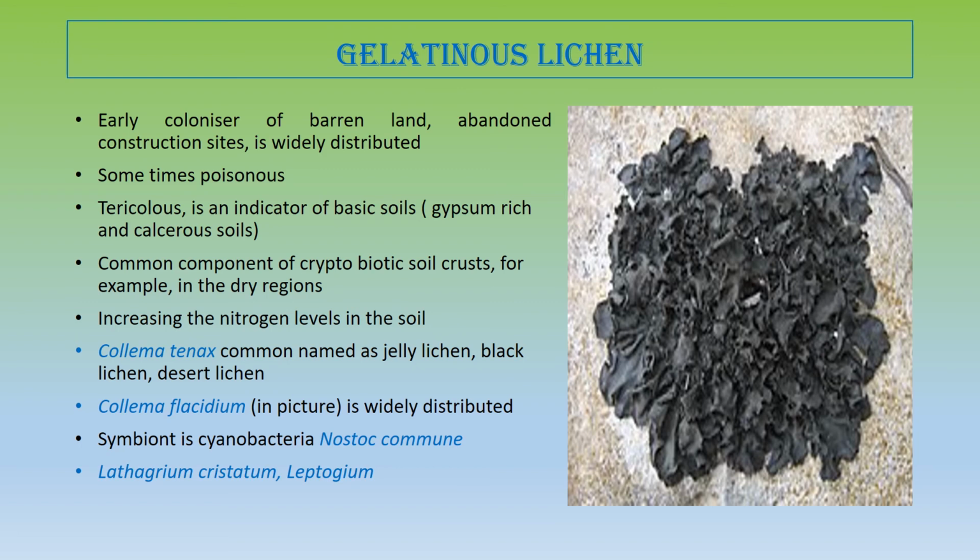Also, it is a part of the cryptobiotic crust, and this crust reduces the albedo. What is albedo? Albedo is the amount of sunlight reflected by any surface. By reducing the albedo, more light can be utilized by the soil lichens or other photosynthesizing organisms like algae and lichen.